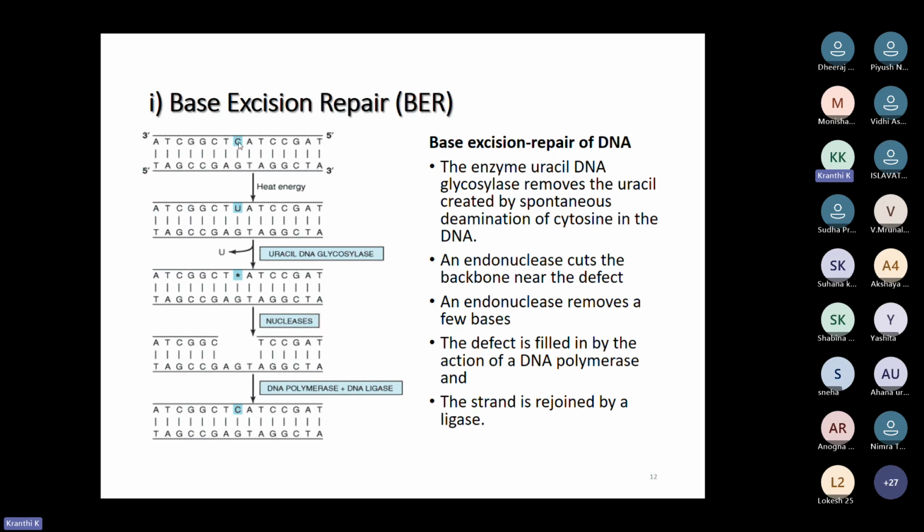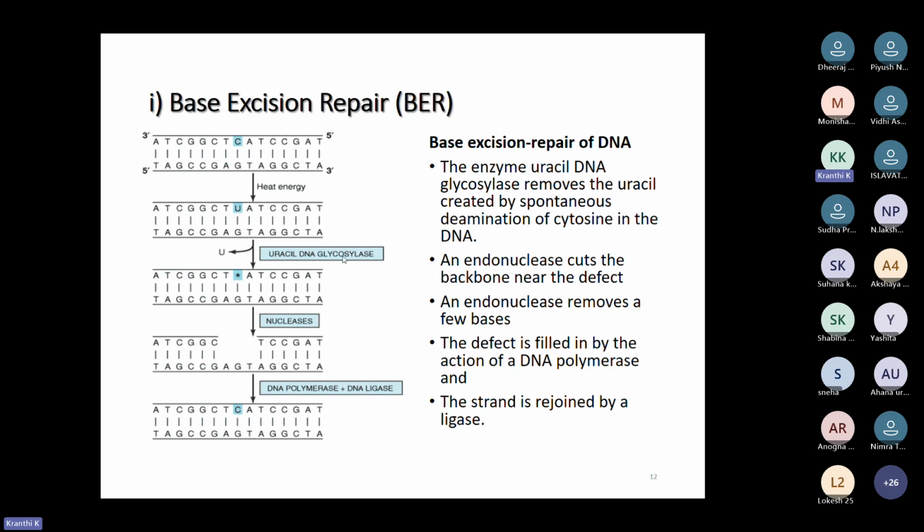Here, C is there. Because of heat energy or some mutation, deamination happened. Deamination means C became U. In DNA, U should not be there, right? So you have to excise it.